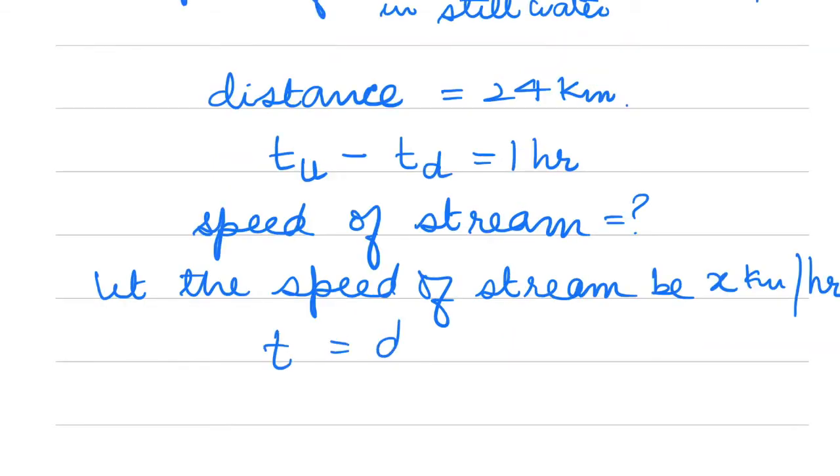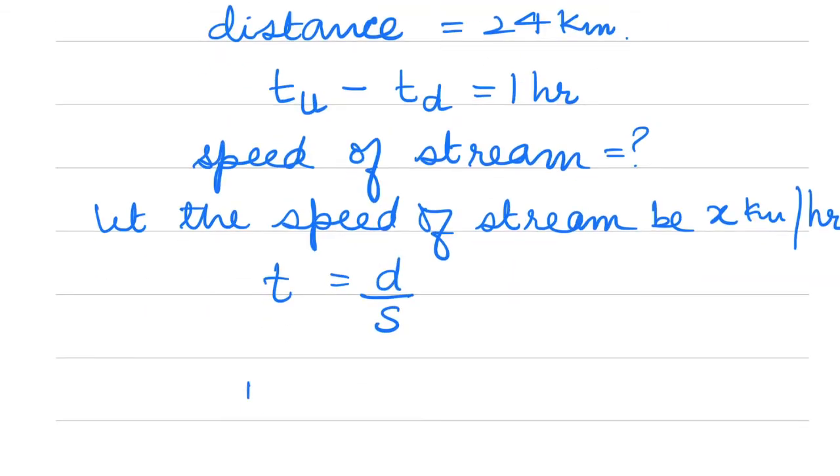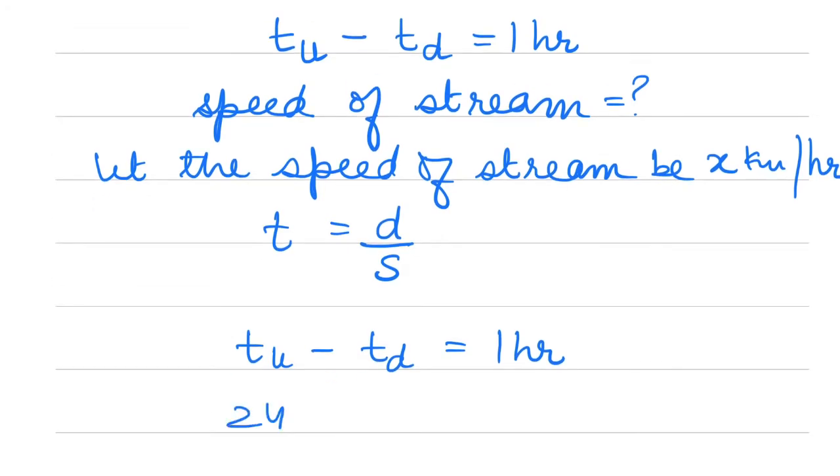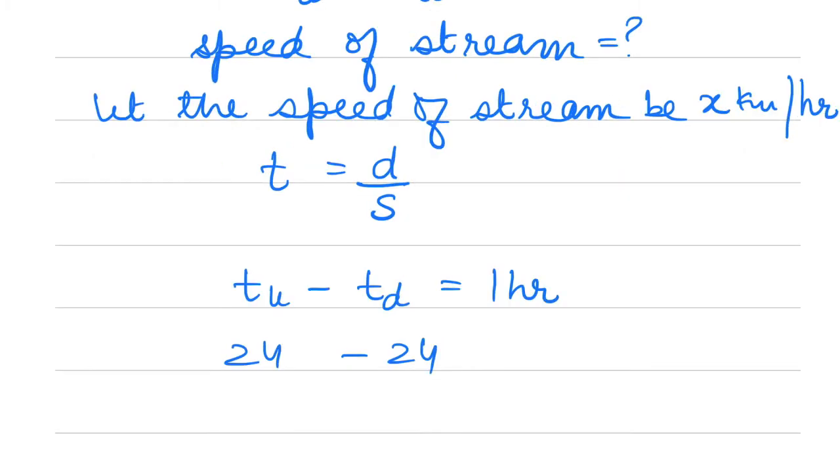Time is equal to distance by speed. Time for going upstream minus time for going downstream is equal to 1 hour. Now the distance is 24 for both going upstream and downstream, but while going upstream the speed will be 18 minus x, and while going downstream it will be 18 plus x, and that is equal to 1.